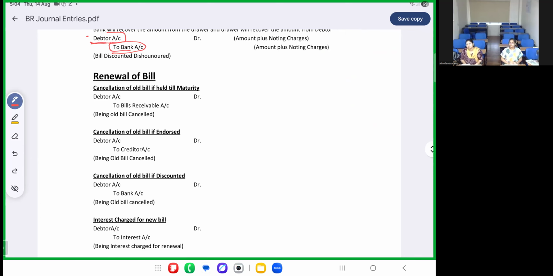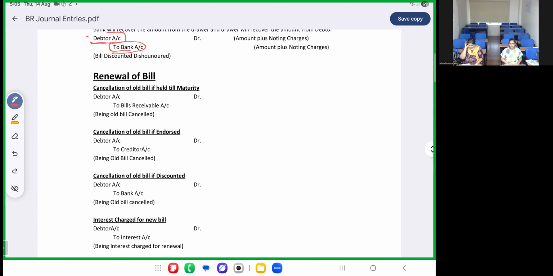What is the cancellation entry? Cancellation entry is nothing but the dishonor entry. So my dishonor entry will be debtor to bills receivable account. So I cancelled my old bill, if I held it till maturity.